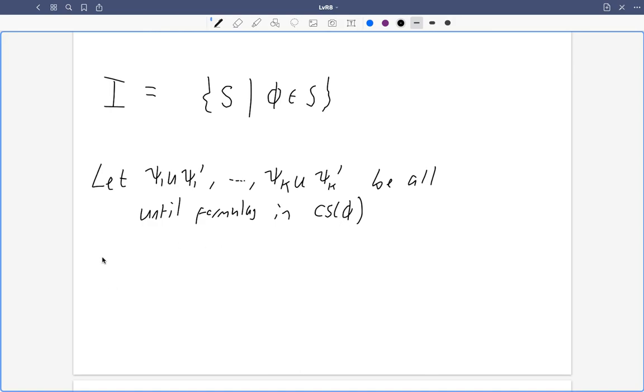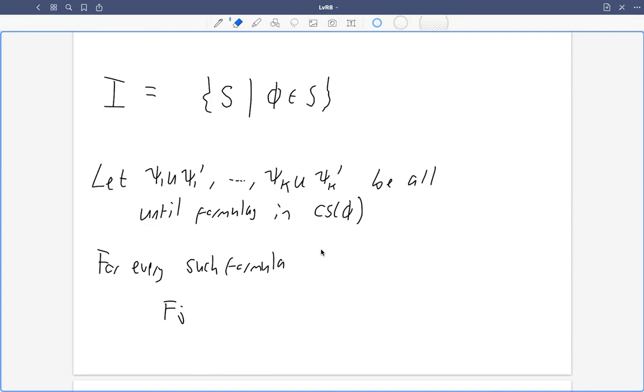So for every such formula, we define Fj.